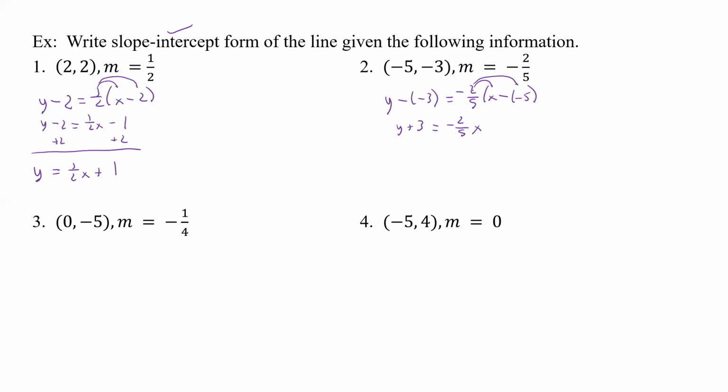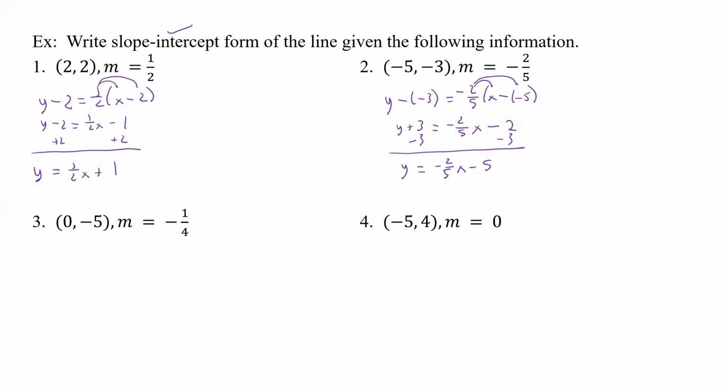That was positive, and now it becomes a negative. The 5's cancel, and we get a 2. Now we're going to subtract 3, and so y equals -2/5 x minus 5. All right. So that's our equation given the original point and our original slope.